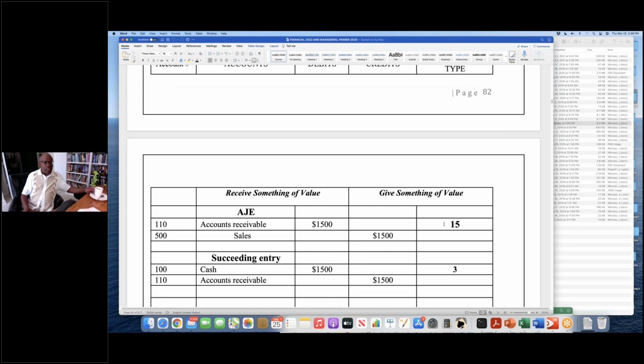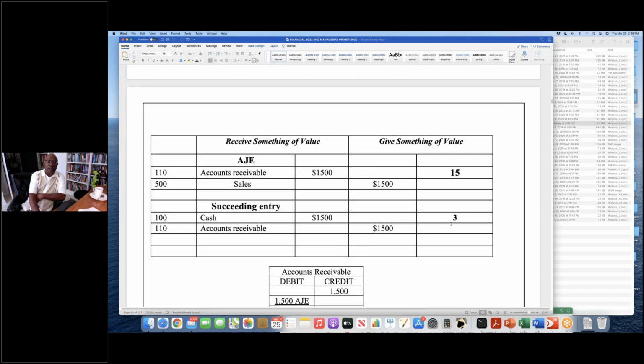So with this adjusting entry, this is a type 3. And sometimes it can involve interest or other types of things, but it's a type 3 where we debit the receivable and credit sales. And when the cash comes in, what is it? Debit cash, credit accounts receivable.